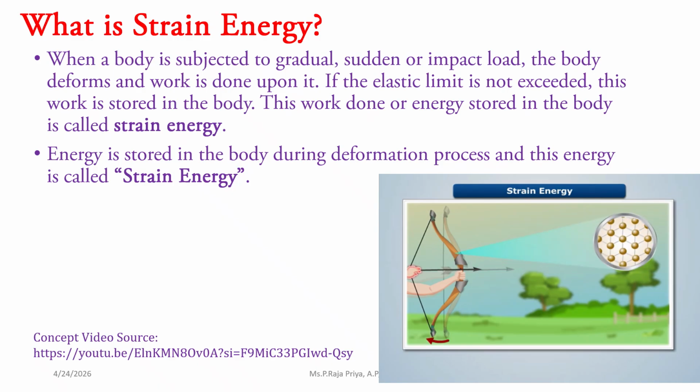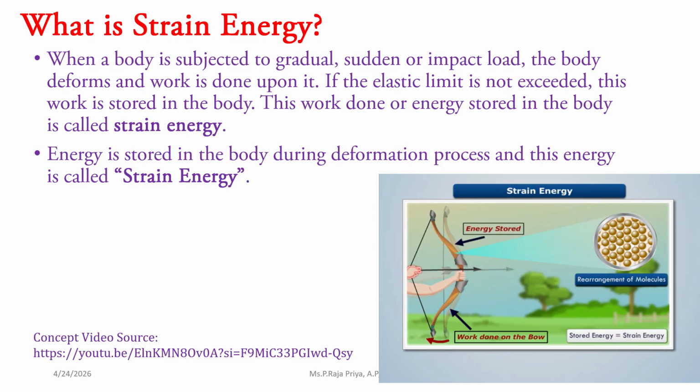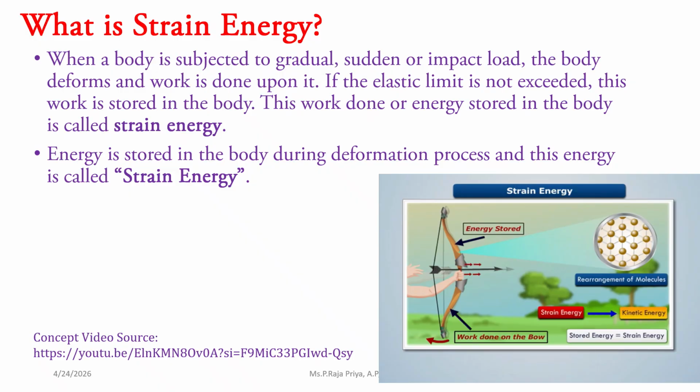What happens to the molecules inside the bow material? They get rearranged and they store some energy. This stored energy is called strain energy. This energy gets transferred to the arrow in the form of kinetic energy, and only because of this the arrow propels. This is an example to understand the strain energy concept.